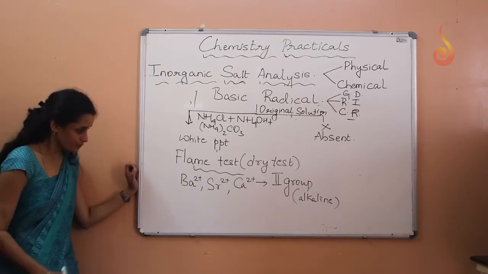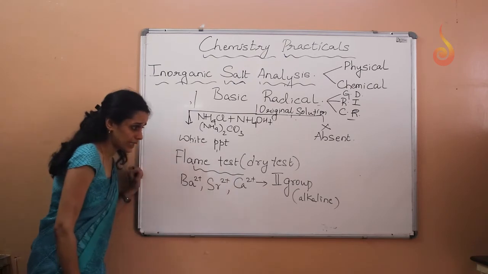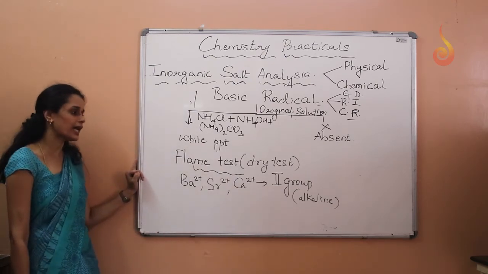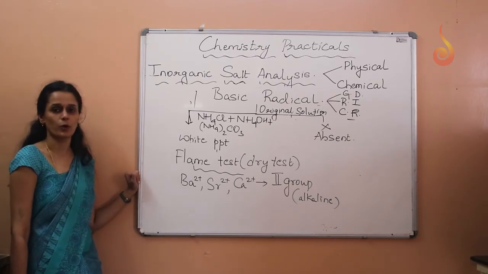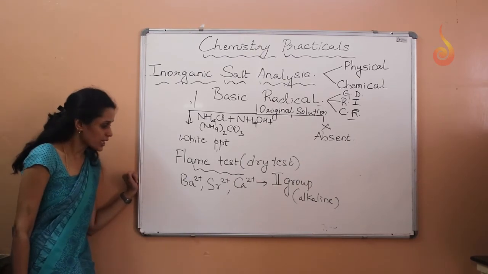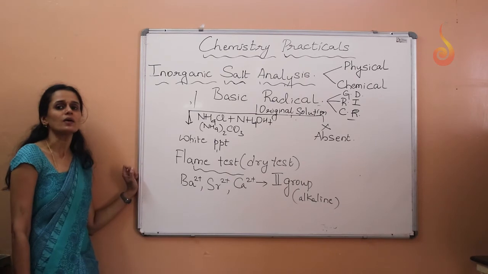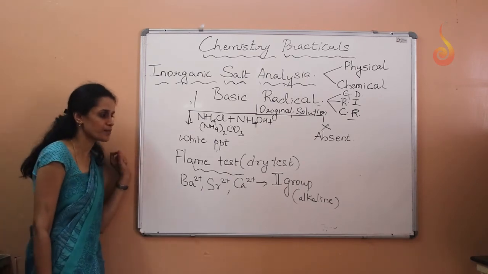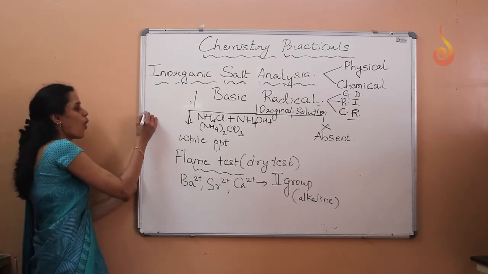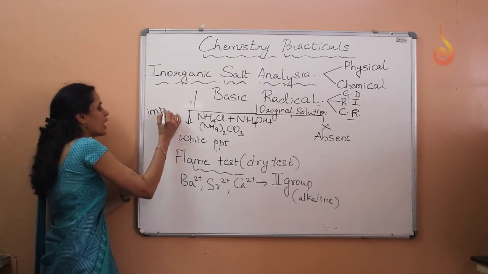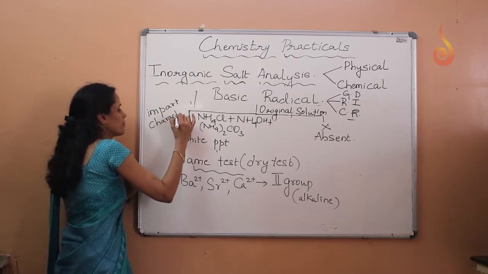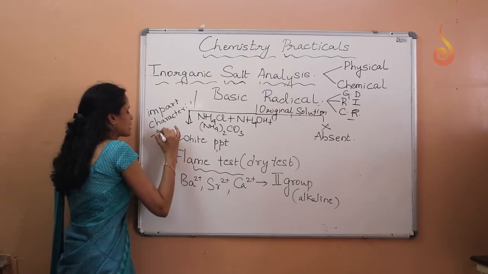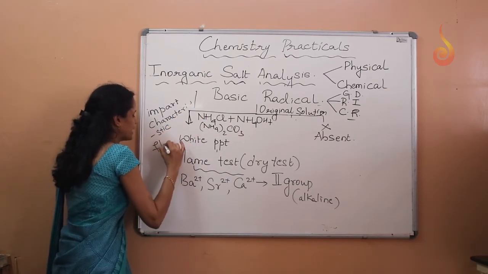We had studied that in the case of alkali and alkaline earth metals, there is one characteristic property: the compound or its respective salt will always impart a characteristic color to the flame.